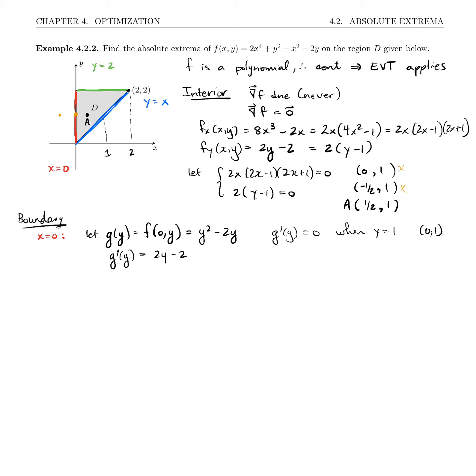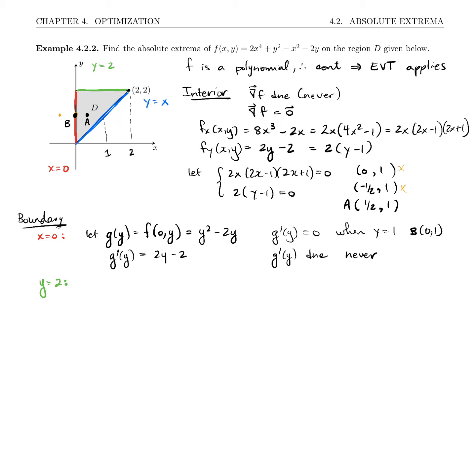You'll notice that's the same critical point that appeared earlier. So it wasn't in the interior, it's on the boundary. So let's call that point B. We also need to look where g prime does not exist, and that also is a polynomial, so that is never.